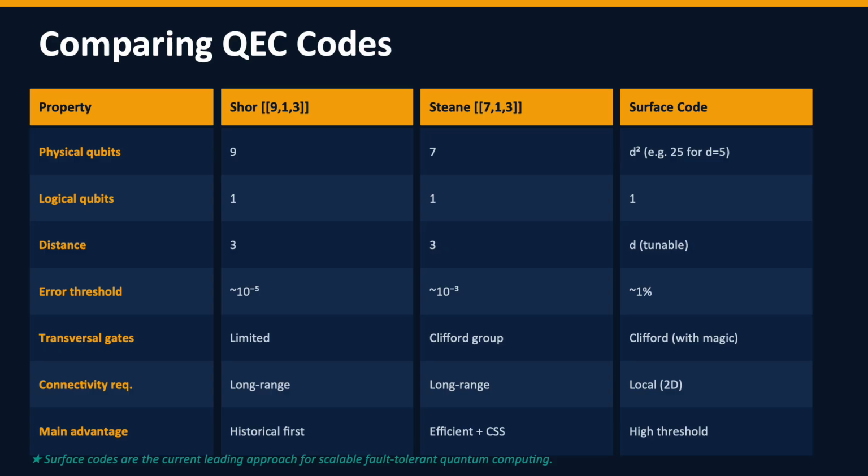Qubits that are physically far apart must be able to interact directly. These connectivity demands are very difficult to satisfy with current hardware architectures, which is why the Shor code, despite its historical importance, is not considered a viable path to practical quantum computing.